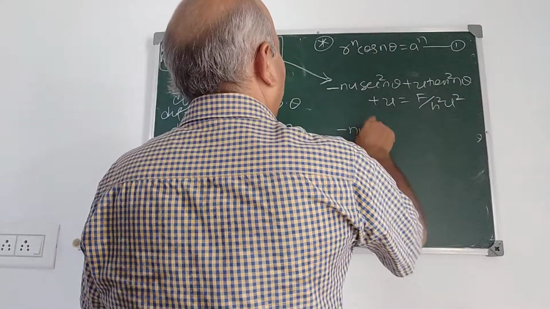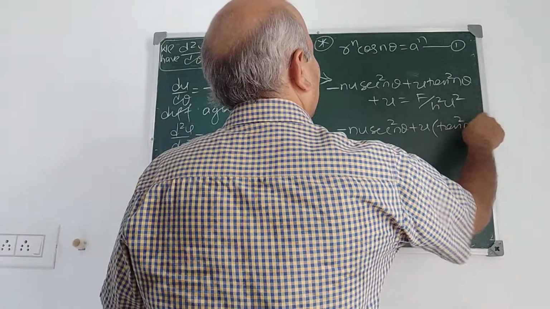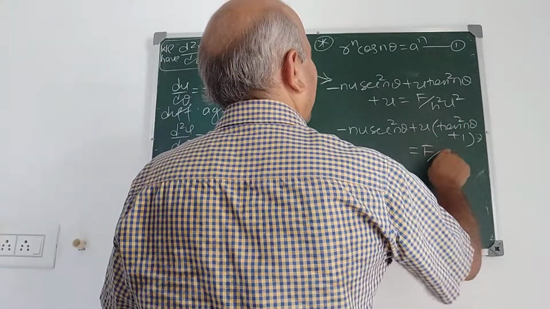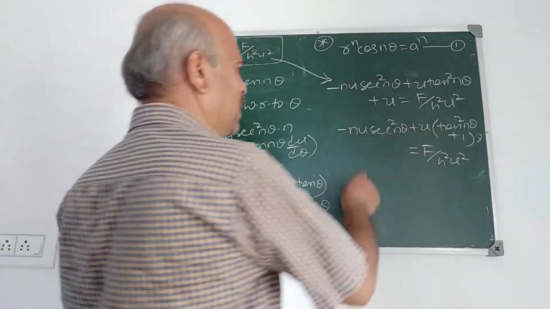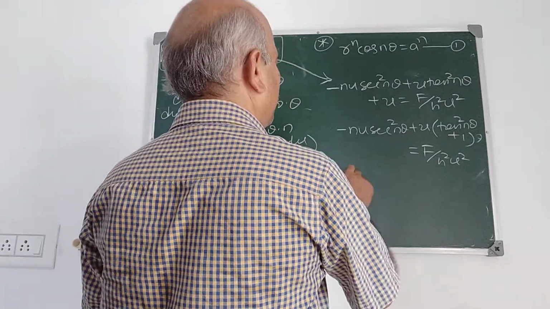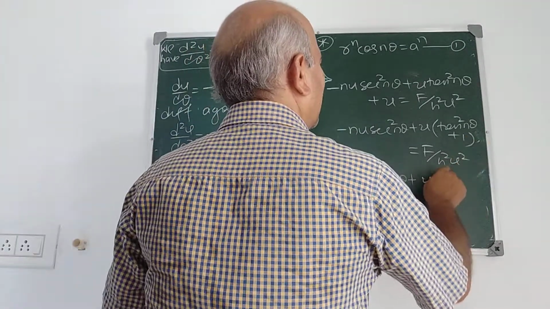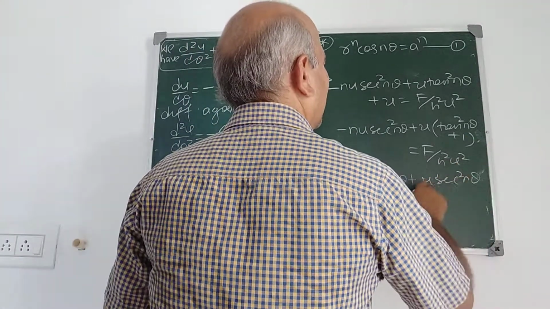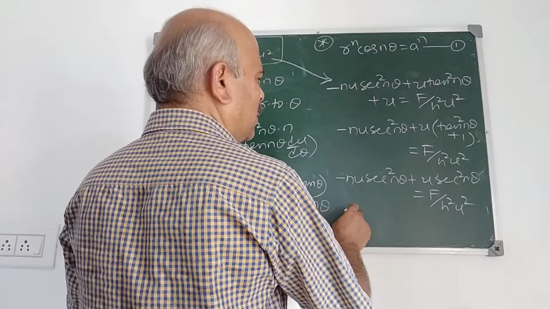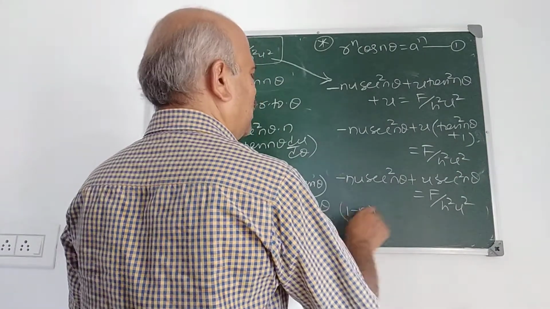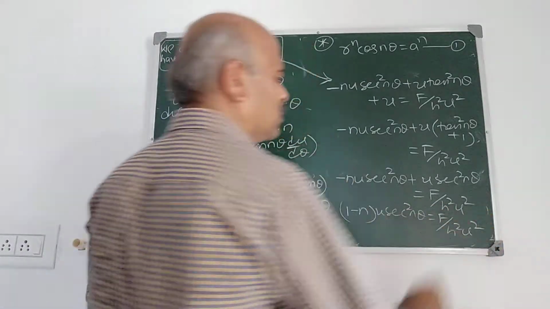Therefore, minus nu secant square n theta plus u into tan square n theta plus 1 is f by h square u square. Say, we use identity here. 1 plus tan square is secant square. So minus nu secant square n theta plus u into secant square n theta is f by h square u square. And what is this? 1 minus n into u secant square n theta is f by h square u square.